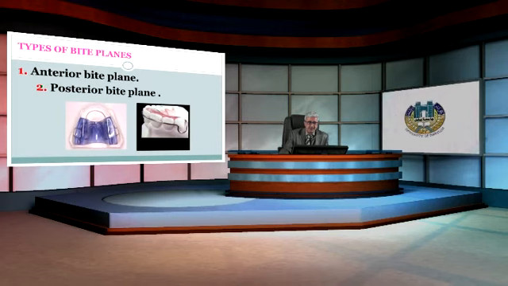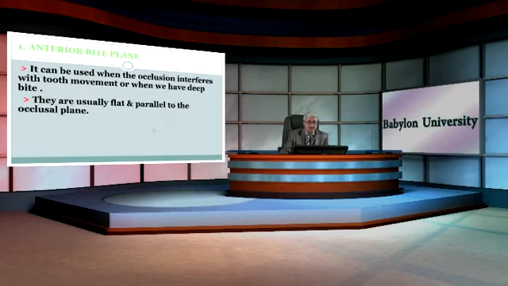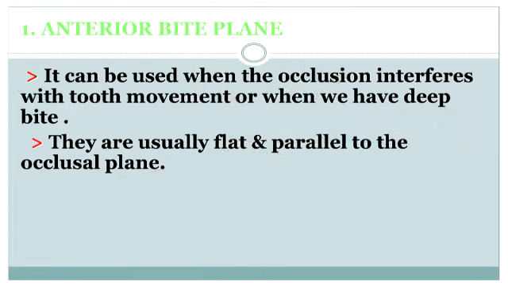Anterior here and posterior here are shown in two figures on the study cast. The anterior bite plane can be used when the occlusion interferes with tooth movement, or when we have a deep bite. They are usually flat and parallel to the occlusal plane.